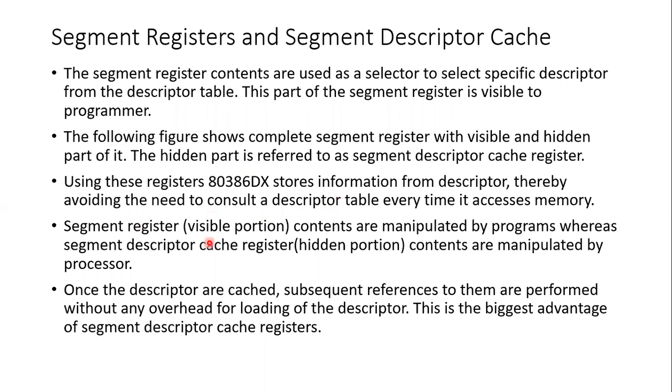The segment register, the visible portion, is manipulated by the programs, whereas the segment descriptor cache register, the hidden portion, is manipulated by the processor. Manipulate means make changes. Who will manipulate the segment register? The programmer. And the hidden part? The processor, in the background.